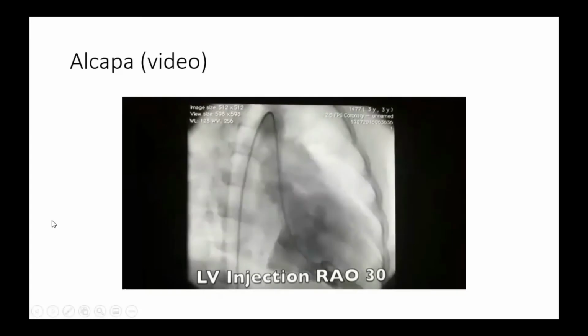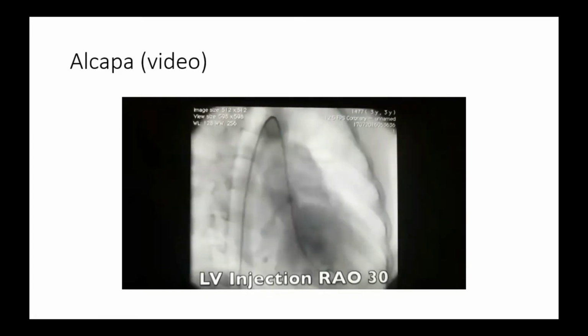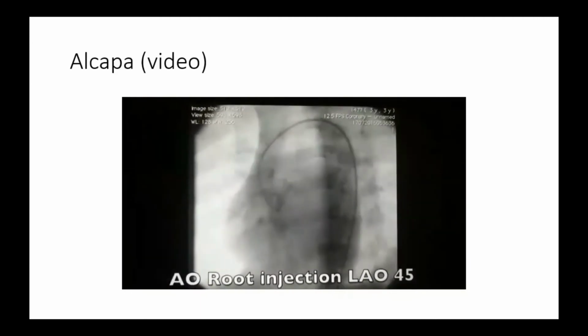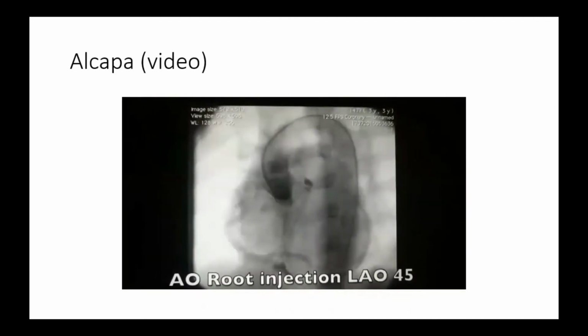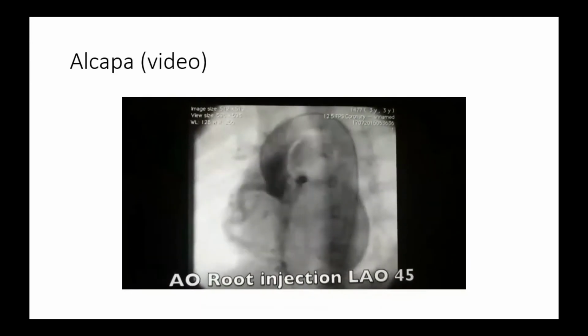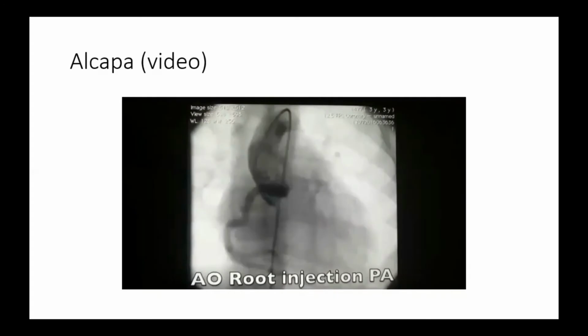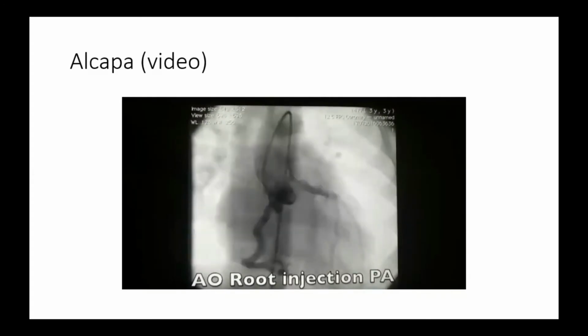What do you mean by ALCAPA? Anomalous left coronary from the pulmonary artery. And how do they present usually? Sudden death or early ischemia in childhood.